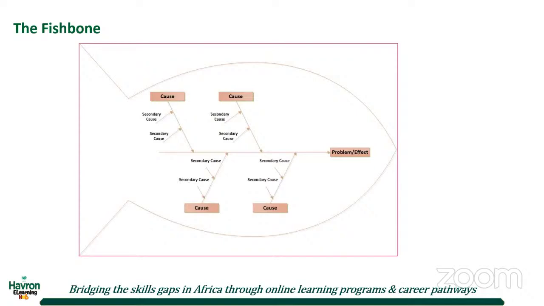When all of them have listed the problems, you will find out what actually is the problem, because everybody might have a different perception of what the problem is. But when they put it in this fishbone tool, you will be able to find out the root cause of the problem.